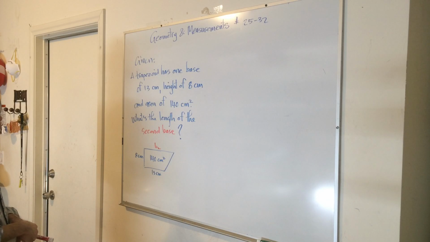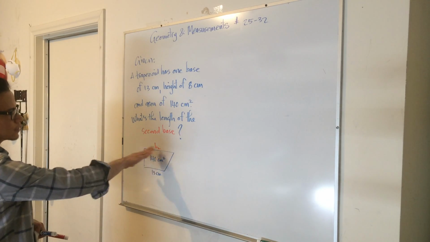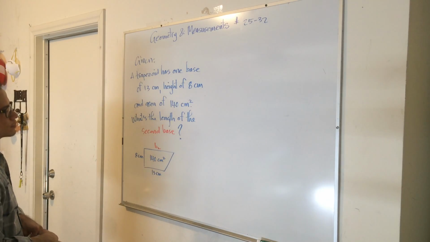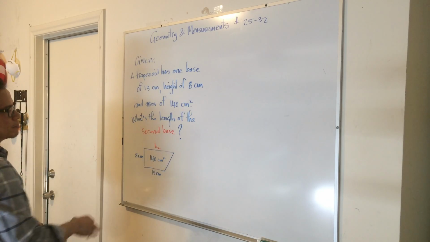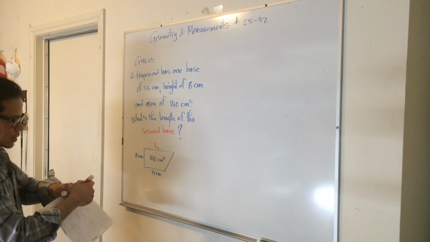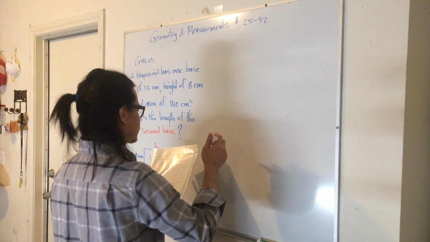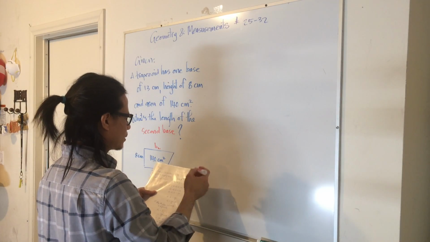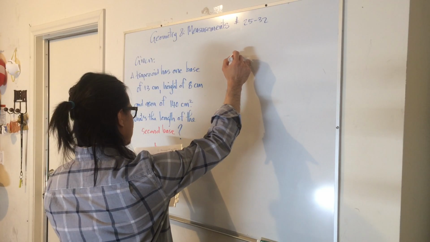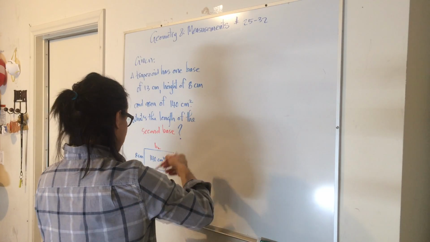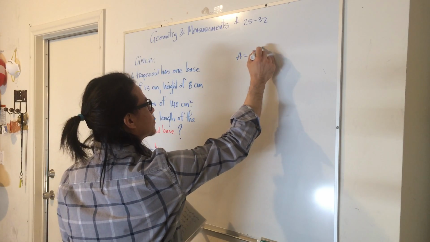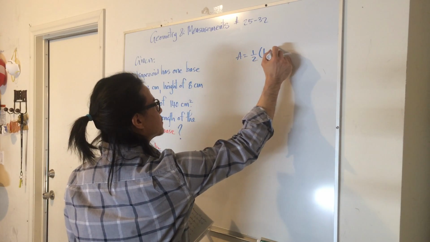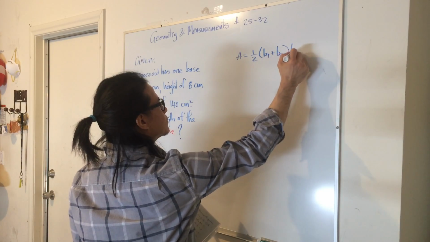Okay, so we can use the formula to find the area of a trapezoid and then isolate B2. I'm just going to throw down the equation: area equals 1/2 base 1 plus base 2 times h.